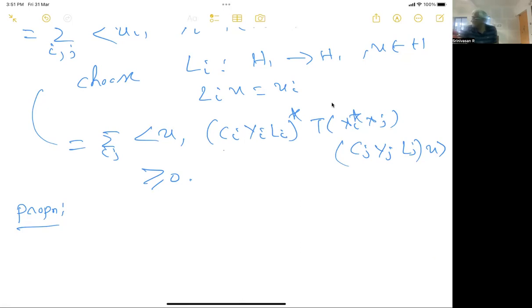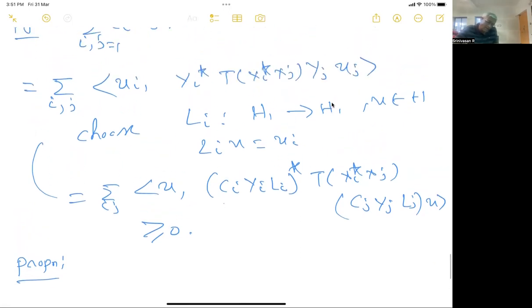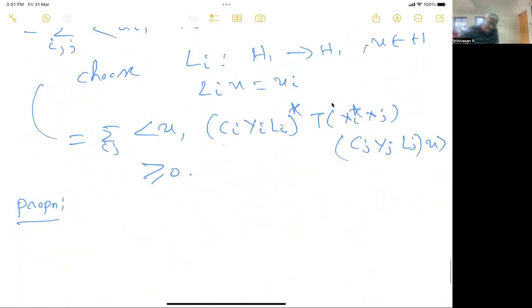This is a basic starting point, the beginning. I don't know why B of H1 cross H2 is taken, but we will get rid of it. We will only use B of H1 and B of H1, H1. B of H2 is not required.